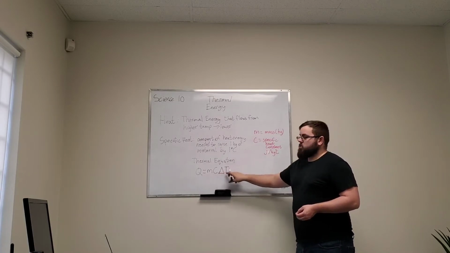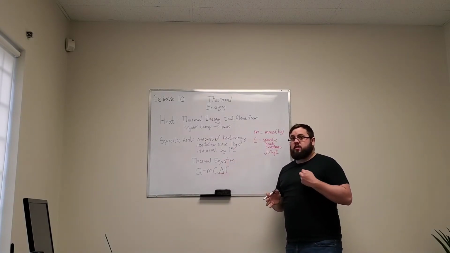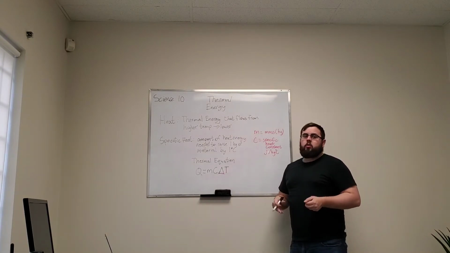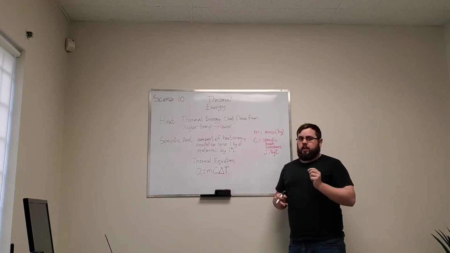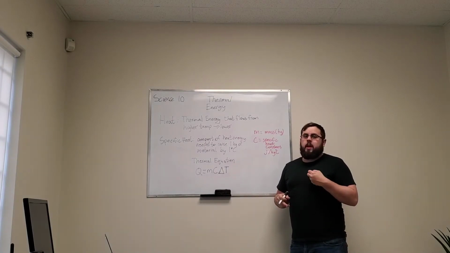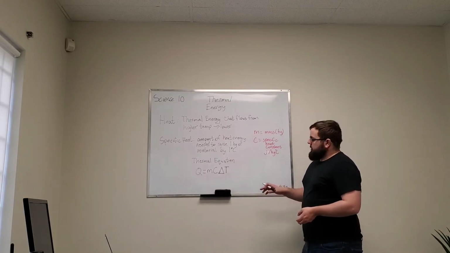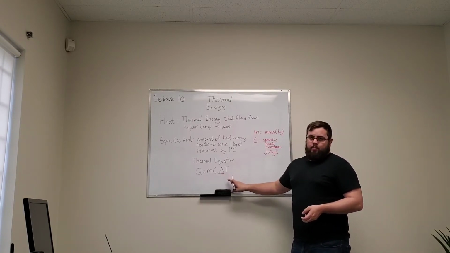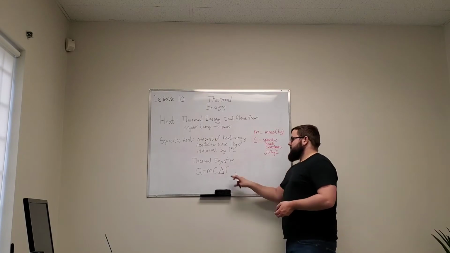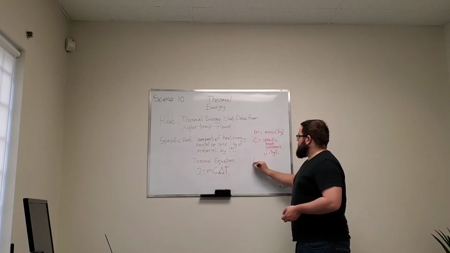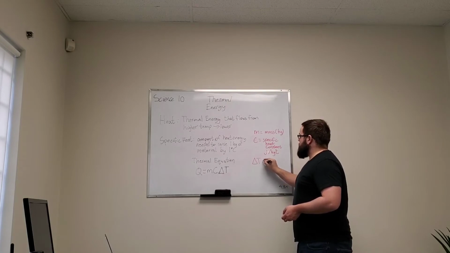Now this triangle here, you're going to be seeing this more and more as you move into science. This triangle represents the Greek letter delta. Delta means change in. So what this means for us is change in temperature. So delta T means change in temperature.